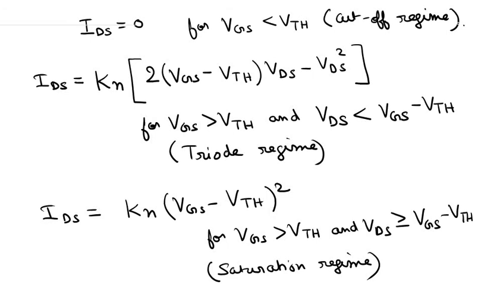Okay, and then comes the triode regime, where the drain to source voltage is less than VGS minus VTH, and then comes the saturation regime, where the drain to source voltage is greater than VGS minus VTH. So we have three regimes here.